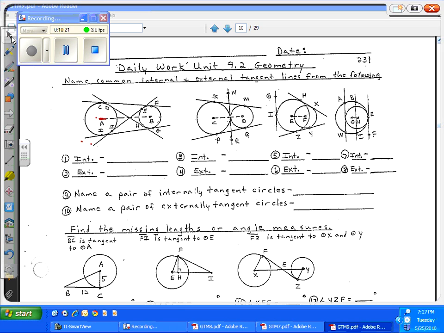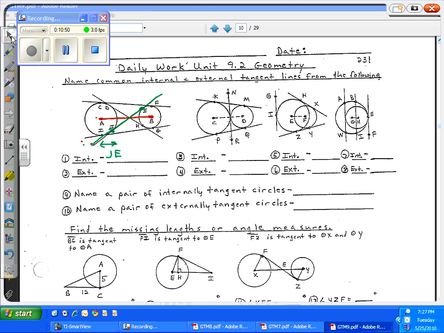If we look at this diagram, then from A to B, we call the segment of centers. A line is a common tangent line if it's tangent to two coplanar circles. This green thing, JE, passes through the segment that joins the centers, and so we can say that JE is a common internal tangent line.